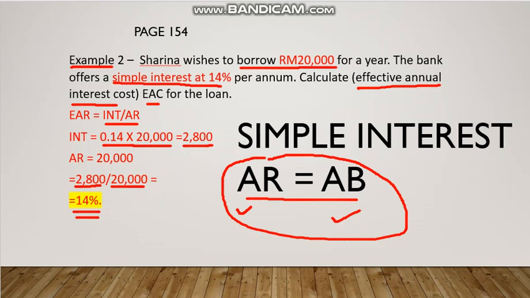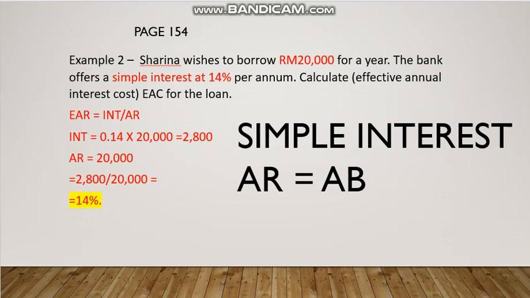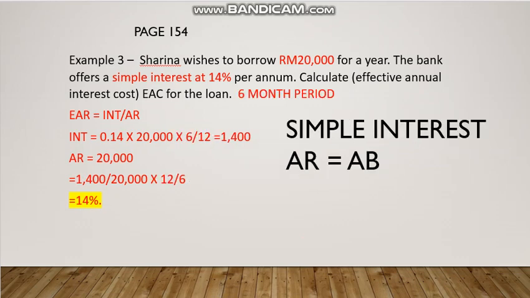Okay, now we refer to example 3. Example 3 is exactly the same: borrow 20,000, simple interest 14%, calculate the EAC, but here for 6 months. The difference for 6 months is that when we calculate interest, we multiply by the number of months, which is 6 over 12.